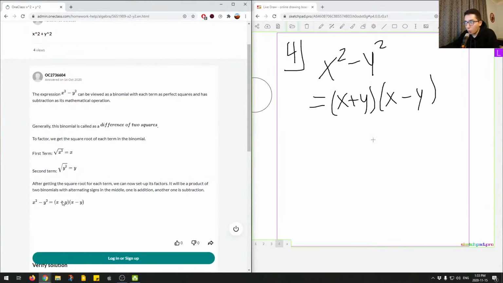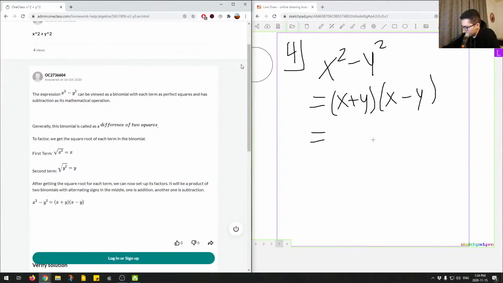You might be thinking, why is that the case? One way to think about this is we can just use FOIL to expand this. So first, outside, inside, last. So we can just use common simplification to see if we end up with the same expression right here.